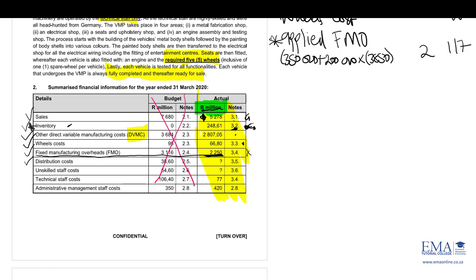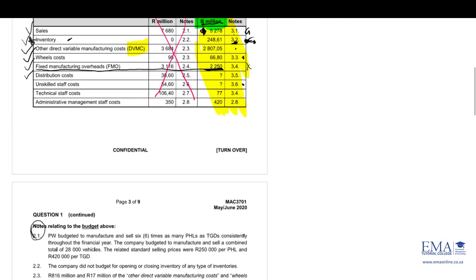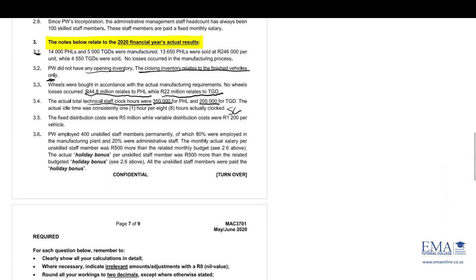Okay, so we need to know our unskilled staff cost. They said note number what? 3.6. What did they say on note number 3.6? They said PW employed 400 unskilled staff members permanently, of which 80% were employed in the manufacturing plant and 20% were employed in the administrative staff, which means that 80% of the cost of unskilled staff is a manufacturing cost because they were working in the manufacturing plant, so it becomes a manufacturing cost.